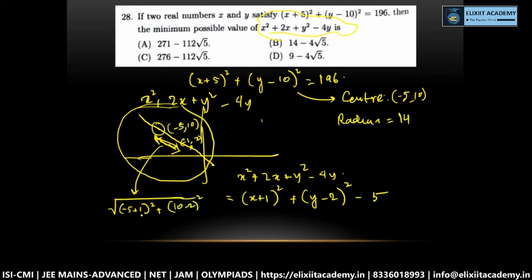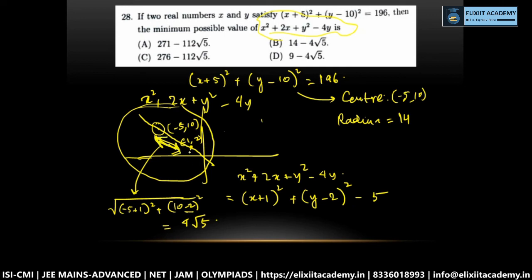How much is that? This is 16 plus 64, right? Which is 4 root 5. You're getting 4 root 5. Clear? So this much distance is 4 root 5.